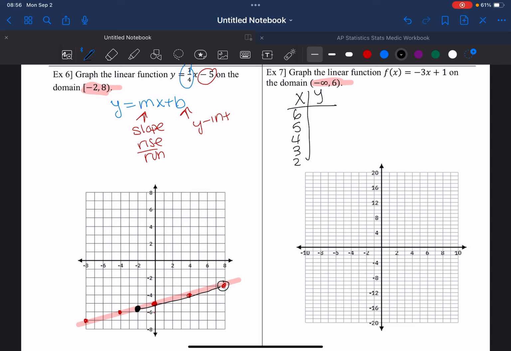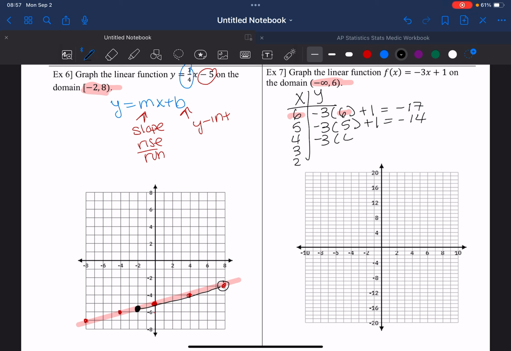Then I'm going to take those X values and plug them in to find a Y value. So I would have negative 3 times 6 plus 1, which gives me negative 17. Notice how I plugged the 6 into my function. Doing the same thing with the rest: negative 3 times 5 plus 1 gives me negative 14.